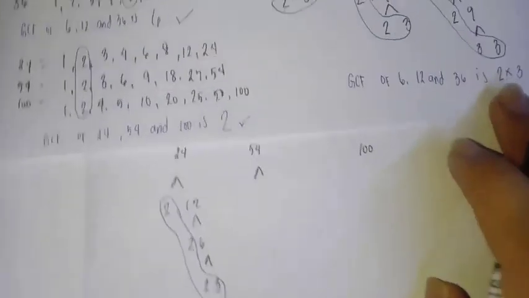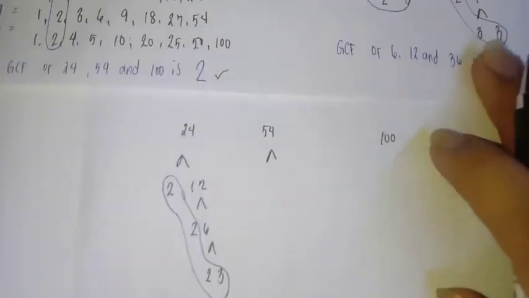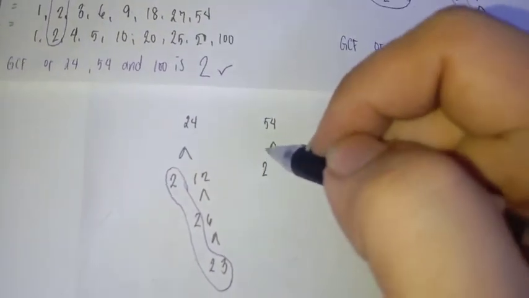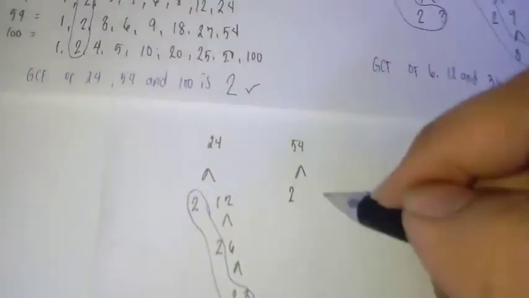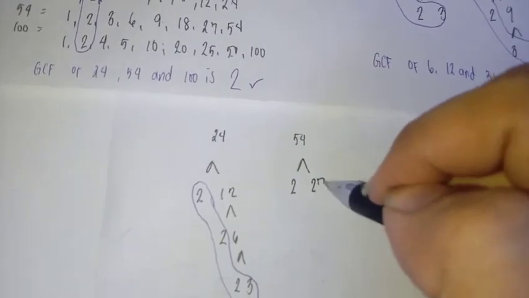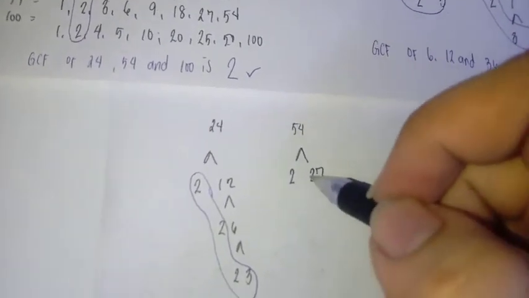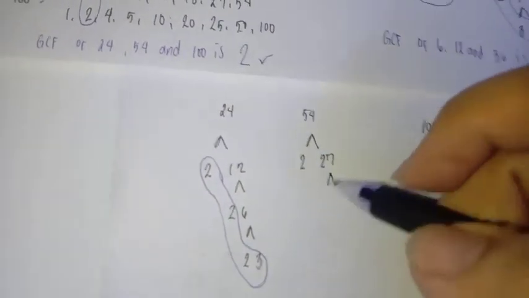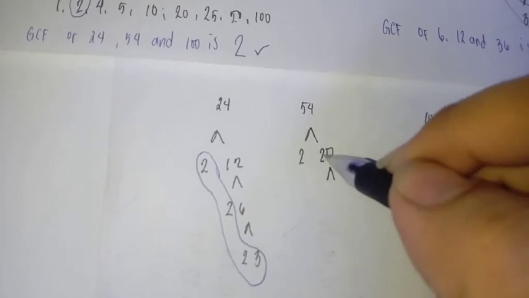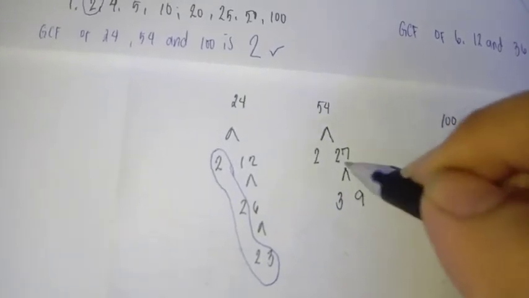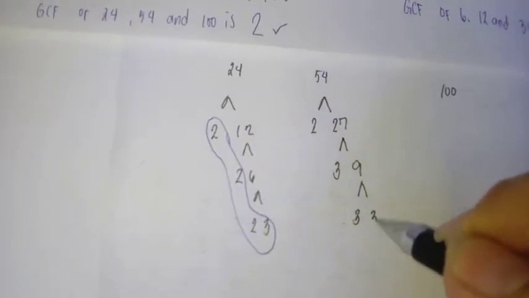Okay, so let's proceed to number 54. Let's look at the prime factors of 54. 54 is divisible by 2, so we will use 2 as our least prime number, multiplied by 27. 2 times 27 is equal to 54. 27 is a composite number, so we will factor this further. 27 is not divisible by 2, so we will use 3, and we have 9, since 3 times 9 is 27. 9 can be factored further, and that is 3 and 3.